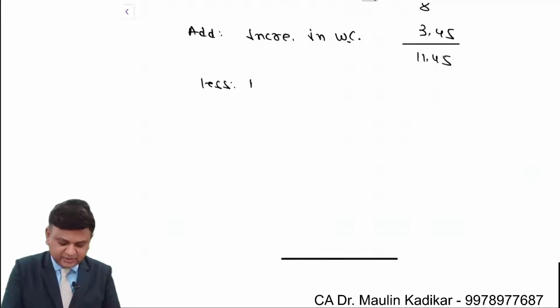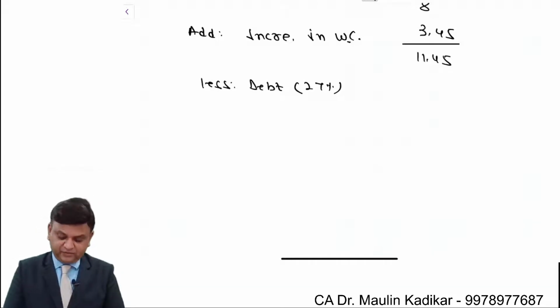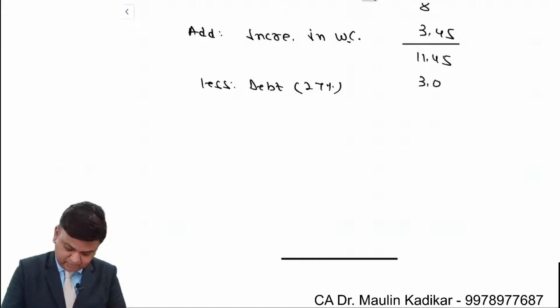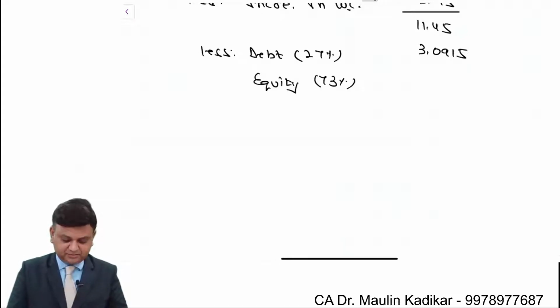Less debt proportion, it is 27%. So 11.45 into 0.27, 3.0915. The rest is the equity proportion, 73%.